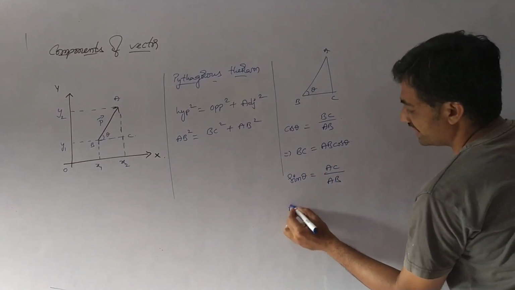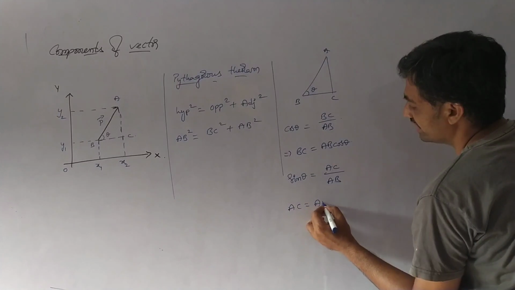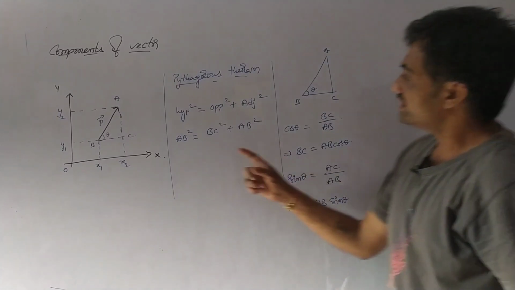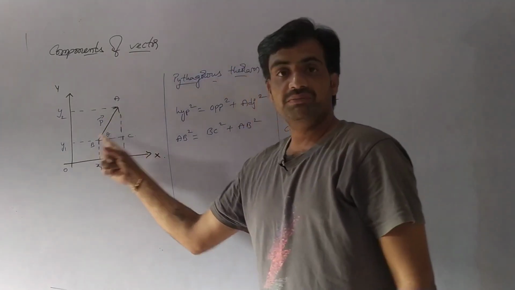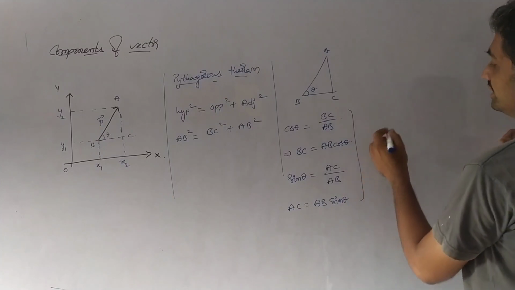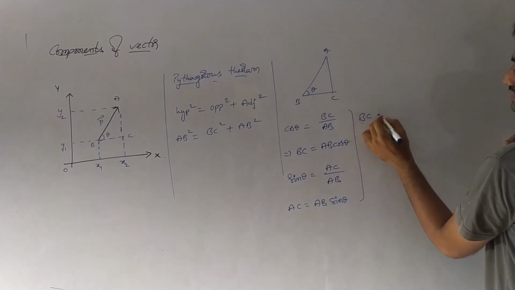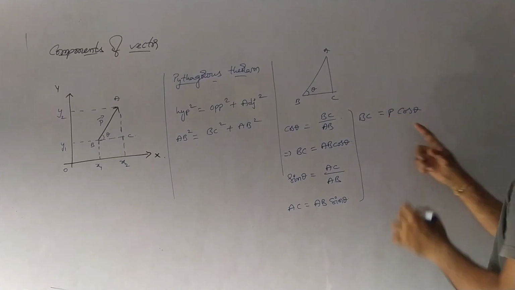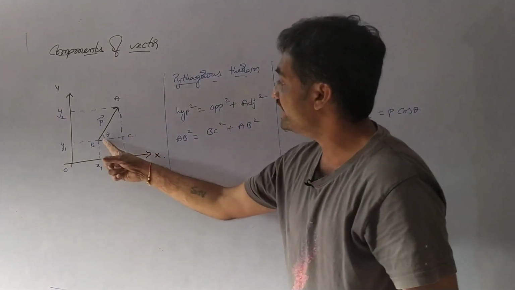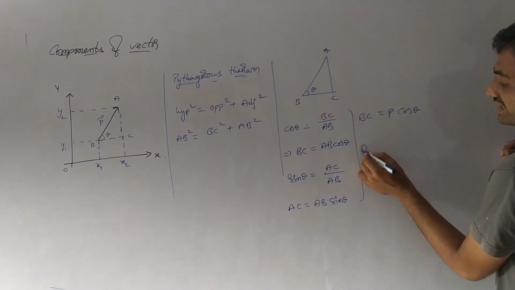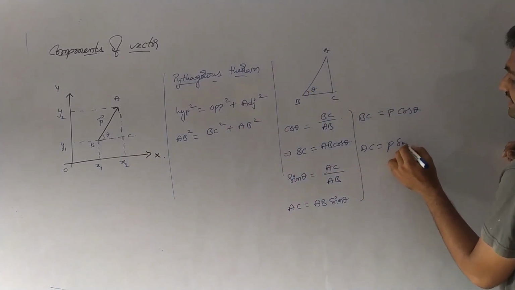From this equation we can write AC equals AB sin theta. Observe that AB is nothing but the vector p bar. So we can write BC equals P cos theta, where P represents the magnitude of this vector. In the same way, AC equals P sin theta.